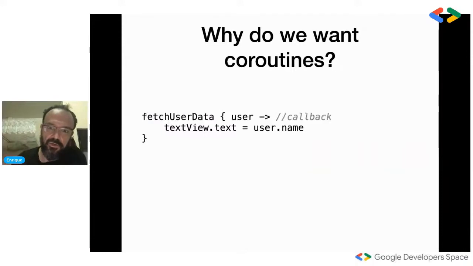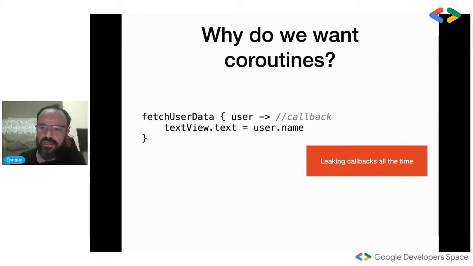So, well, we can start using callbacks, right? We can fetch the user data. When this is ready, we come back to the original point of call, and then we try to update our UI. Is this a sustainable option when we're developing with Android? The problem here is that we will be leaking callbacks all the time.